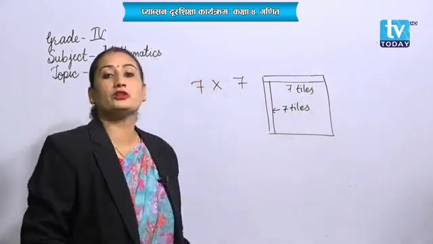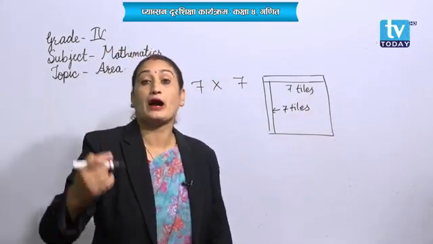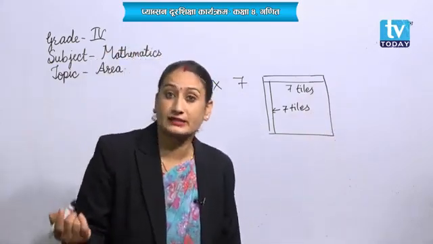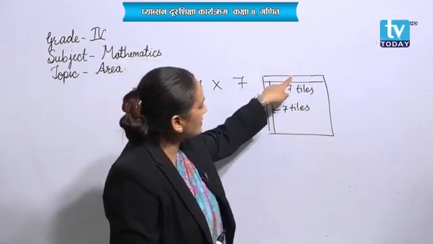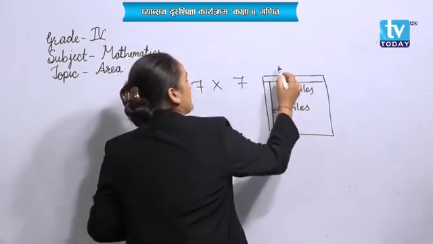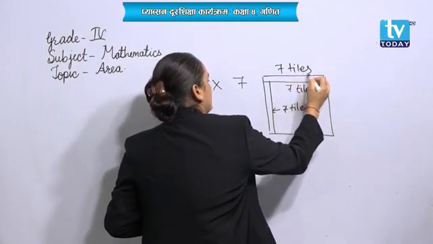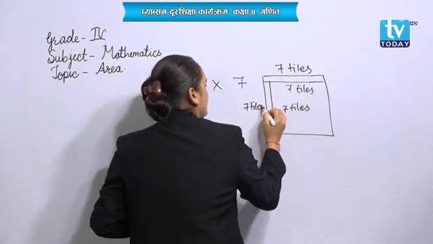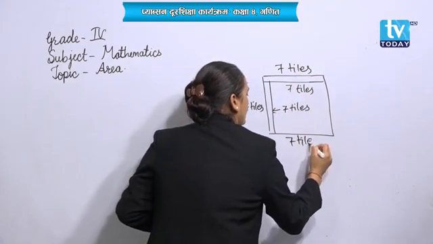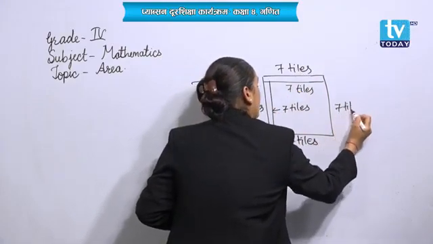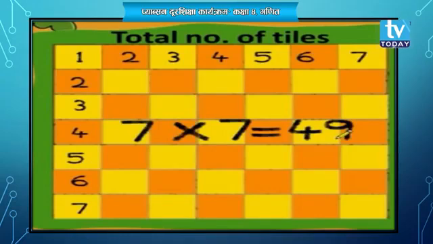So he has to multiply it so that he can complete, because these sides are equal. 7 tiles on this side, 7 on this side, and altogether 7 times 7 will be 49 square units.